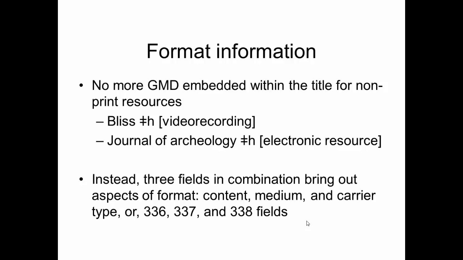In AACR2, they exist in any bibliographic record for non-print or audiovisual resources, but not print resources. In RDA, there is no GMD. It's replaced by three fields, the 336 for content type, 337 for media type, and 338 for carrier type. These are included for all formats, both non-print and print.